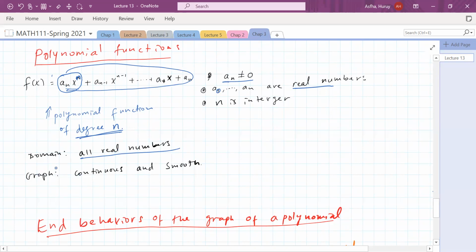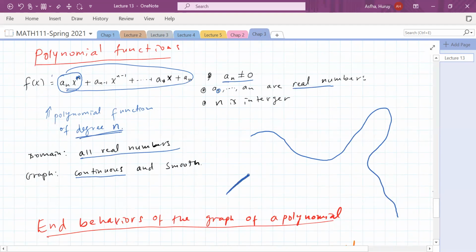And another property of a polynomial function: the graph of a polynomial function is always continuous and smooth. Continuous means you can draw the graph without lifting the pen. For example, this is continuous. As you can see, I haven't lifted it.